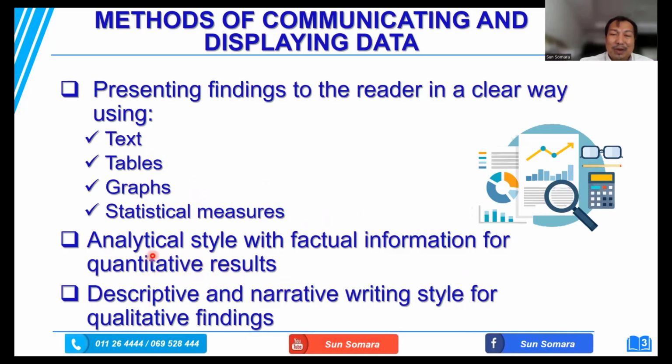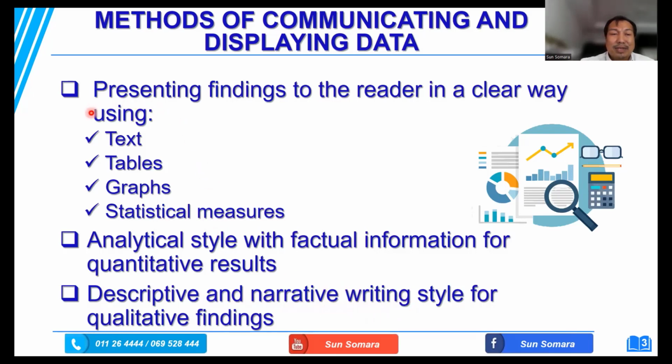So how can you write or present the information for quantitative results? And a descriptive and narrative writing style for qualitative findings. So in text, normally we write in a descriptive or narrative style. How can we write for that part?